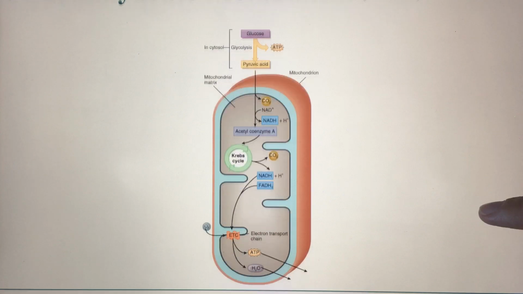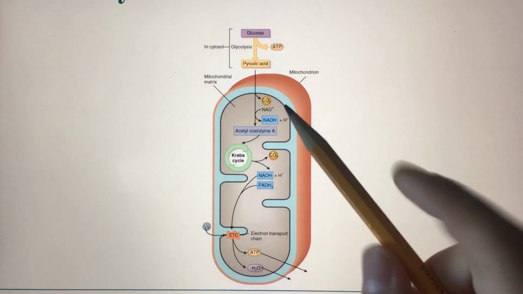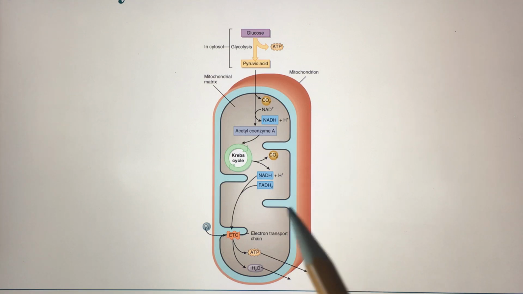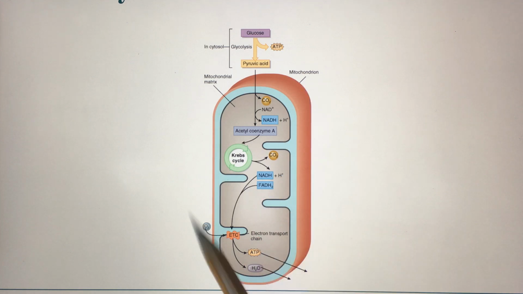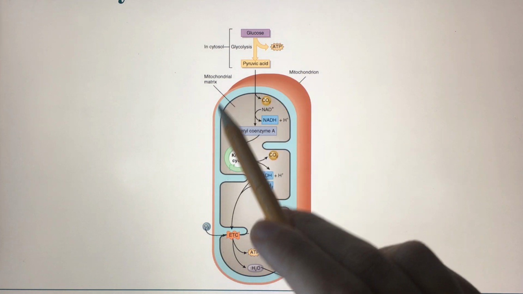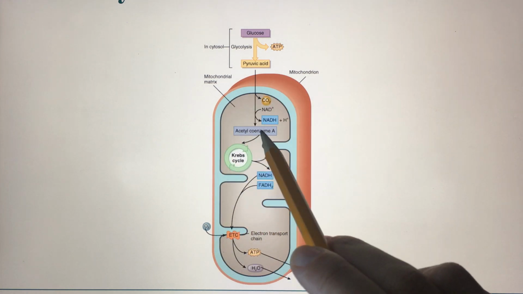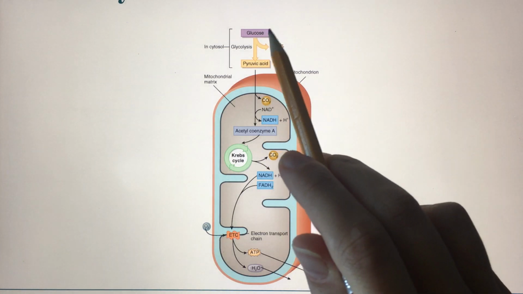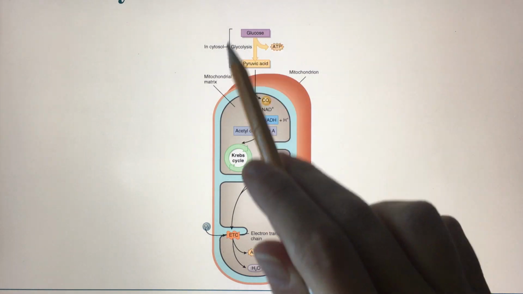The second, third, and fourth steps happen in the mitochondria. So one mitochondrion has the last 3 steps, and glycolysis happens outside of mitochondria.